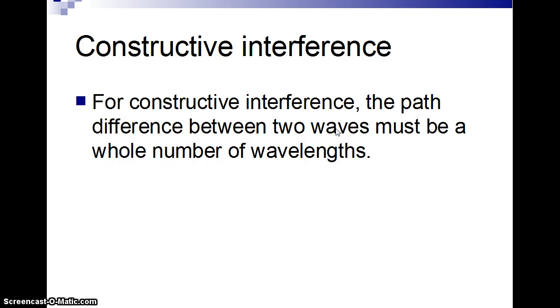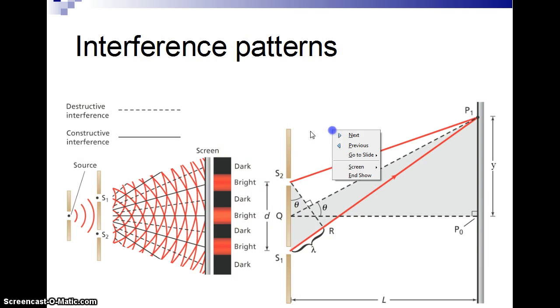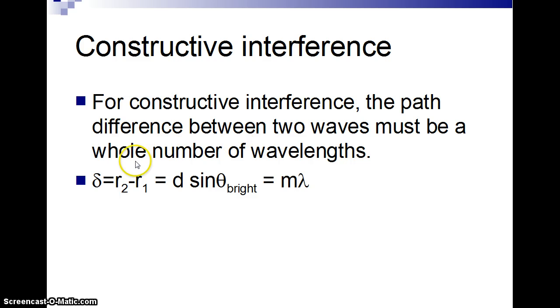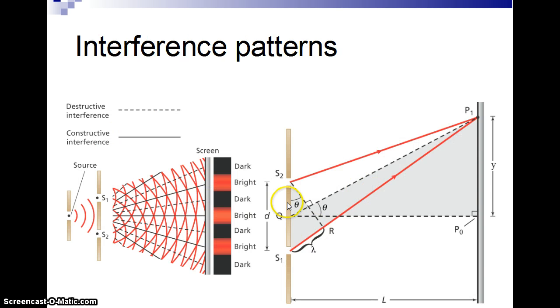So for constructive interference, that path length difference, we're going to call that delta. It's the difference between the two paths. That ends up being the distance between the two slits times sine theta. So d sine theta, opposite over hypotenuse.